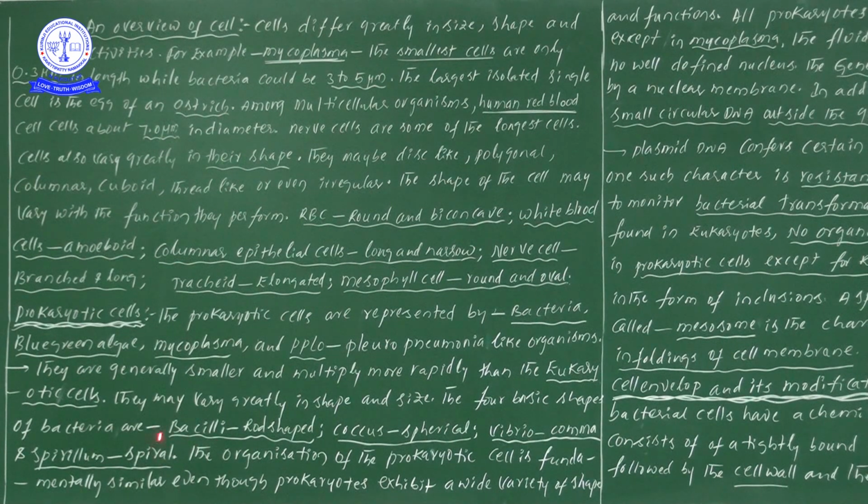We know this very well, because we already learned this information in biological classification. I thought to skip this, but it is mentioned in the textbook also, so why should I skip? Now the bacilli are rod shaped, coccus spherical, vibrio comma shaped and spirillum spiral shaped. So cocci, bacilli, vibrio and spirillum, likewise there are four basic shapes.